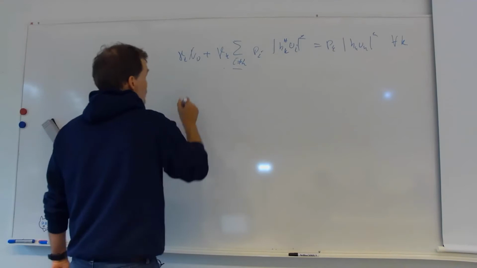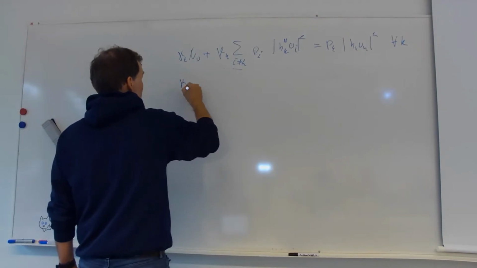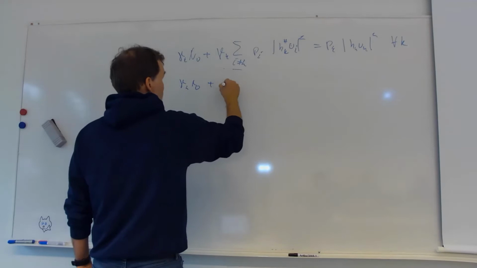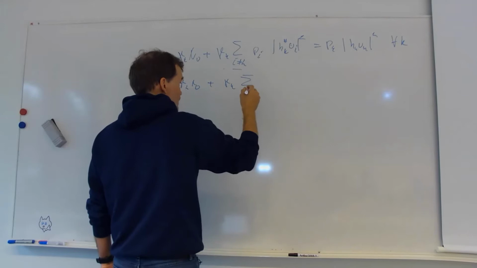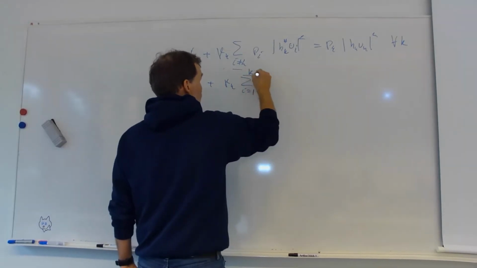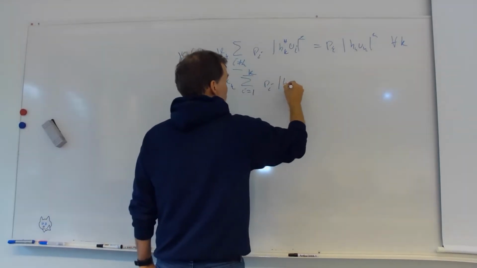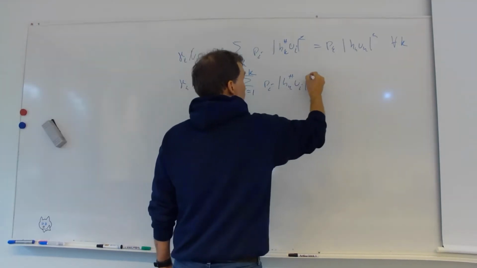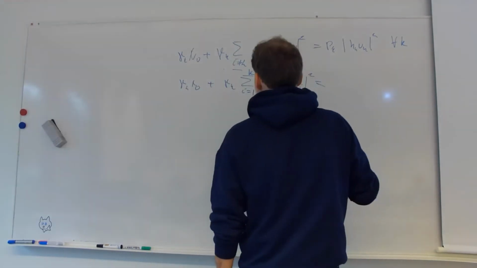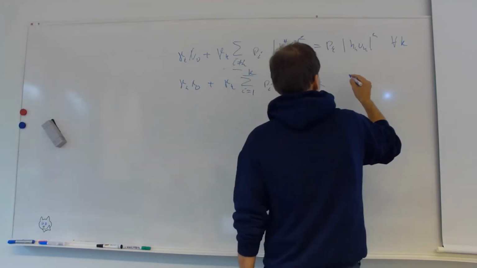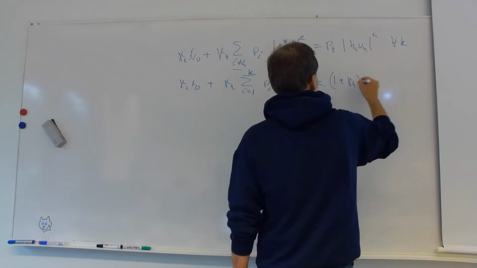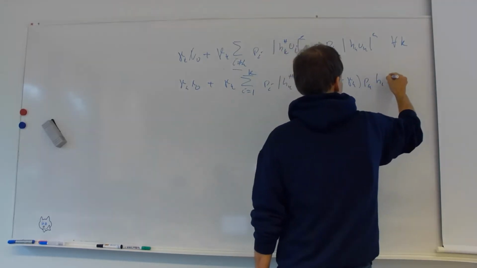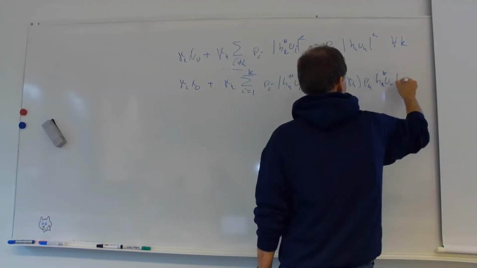So what we get is gamma_k N0 plus gamma_k sum over all users, and so we add here the k component, plus 1 plus gamma_k times h_k^H u_k squared.